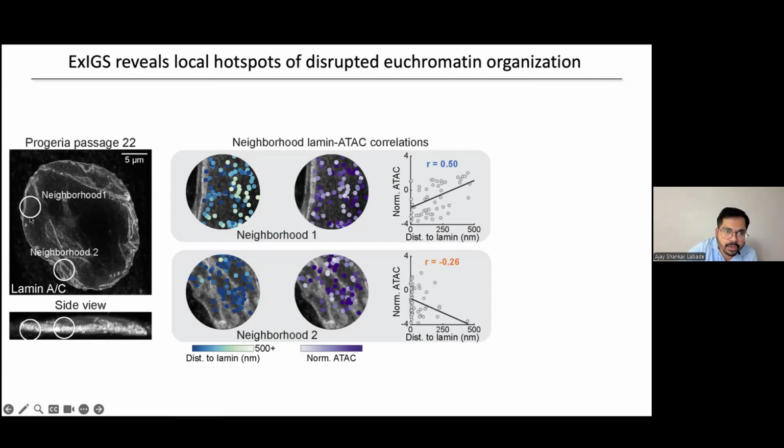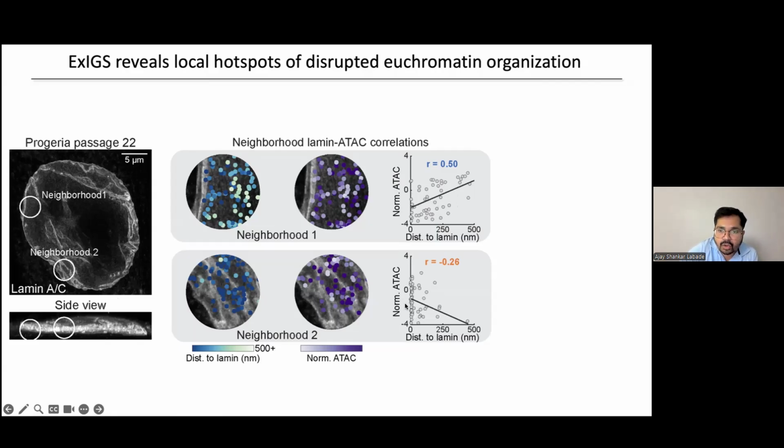That means they have more open chromatin, and that is the norm for a normal cell, right? So in this neighborhood, which looks very normal to us, you can see that there are more fragments that are away from the lamin and they are more open. That means they have more ATAC score. Whereas in this disrupted neighborhood, you can see that more and more fragments are located at zero distance to lamin. That means they're very close to the lamin. They're not supposed to be close to the lamin, but they are.